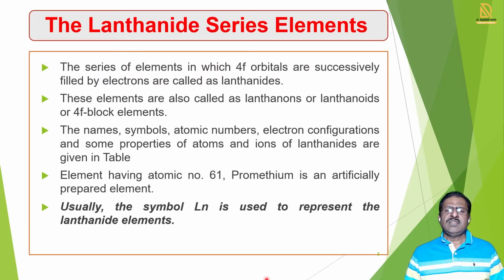Now we see the lanthanide series elements, the different members of this series. These elements have their electrons successively filled in the 4f orbitals, and so they are called lanthanides.